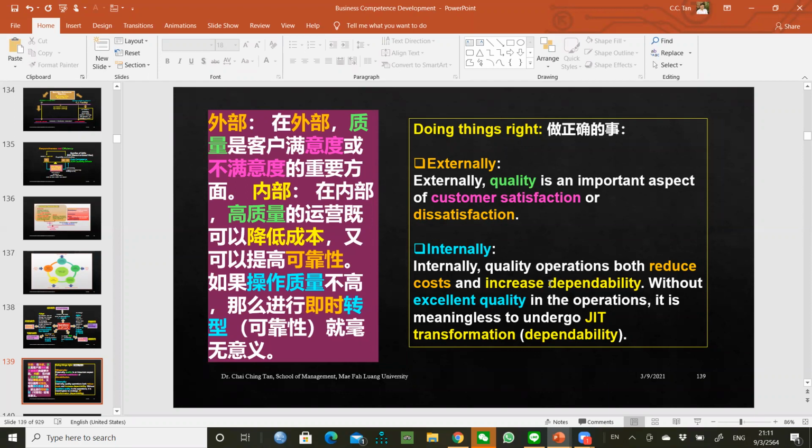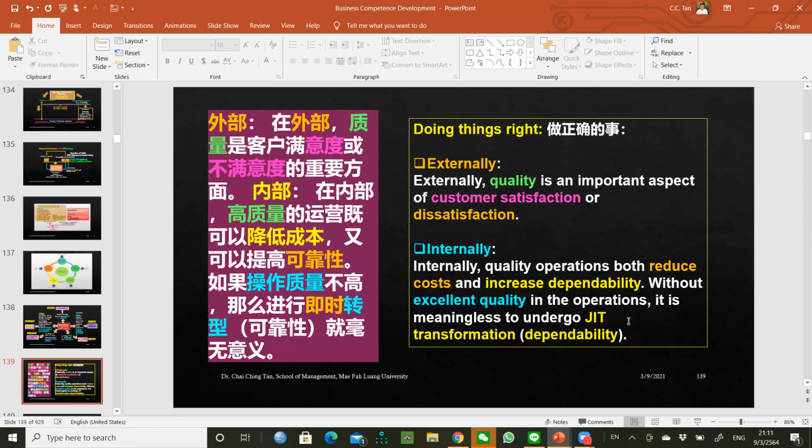Either they're wasting resources, they don't have enough labor, they have maintainability issues in the machinery and failures, or the floors are not properly controlled and clean, and the bacteria counts are huge, and so again all this fire system, right? I have already explained it to you. So internally, quality operations both reduce cost and increase dependability.